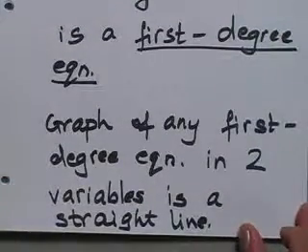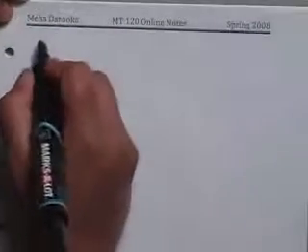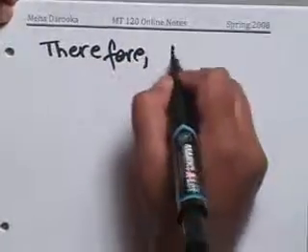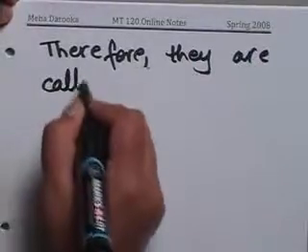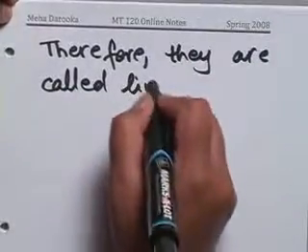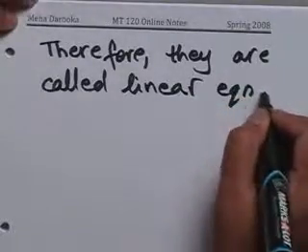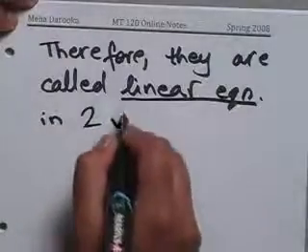Since the graphs of these equations are straight lines, sometimes you will also hear them referred to as linear equations. So anytime you hear the term linear equation, you know that the graph of the equation is going to be a straight line.